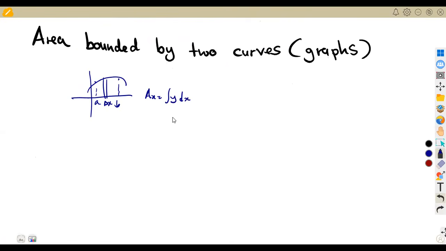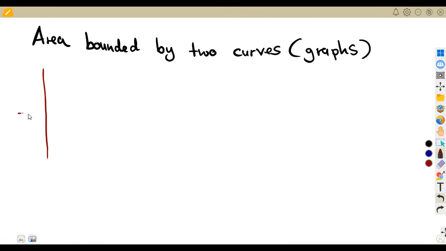So now you shall see that we shall have something of this nature, whereby now we've got two functions to be considered, one on top and the other one below. So that is the condition that we are now having. So it is just the same scenario of integration, just like the previous part. But how are we going to perform this so that we obtain our area?